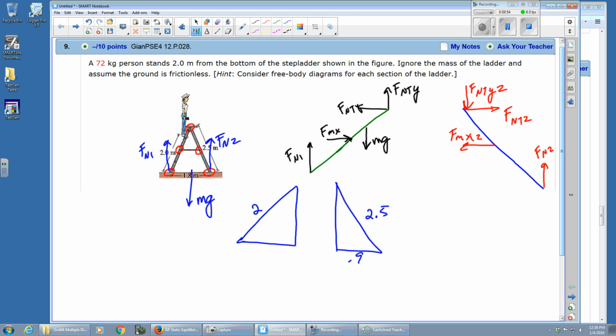So 4/5, right? No. So this should be 4/5 times 0.9. Similar triangles? Yes?